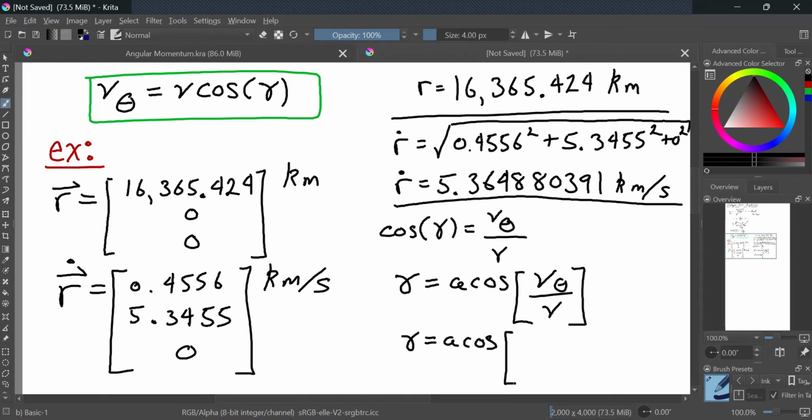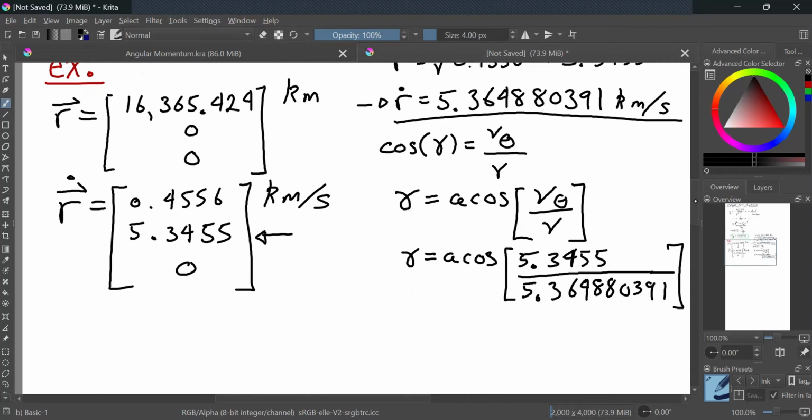We have V theta, which is that particular component, 5.3455. And we have our total, which is going to be that component, 5.364880391.